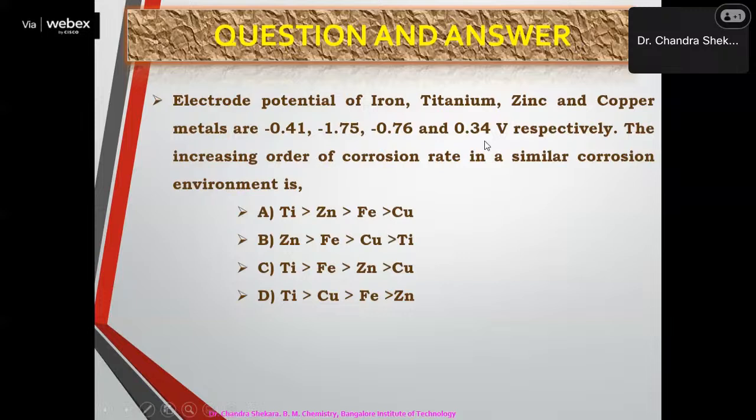Therefore, there is no doubt that copper metal should have the least tendency to undergo corrosion. Therefore, very clearly you can exclude the answer B and answer D here. These are the two answers where copper metal is not having the least corrosion tendency.